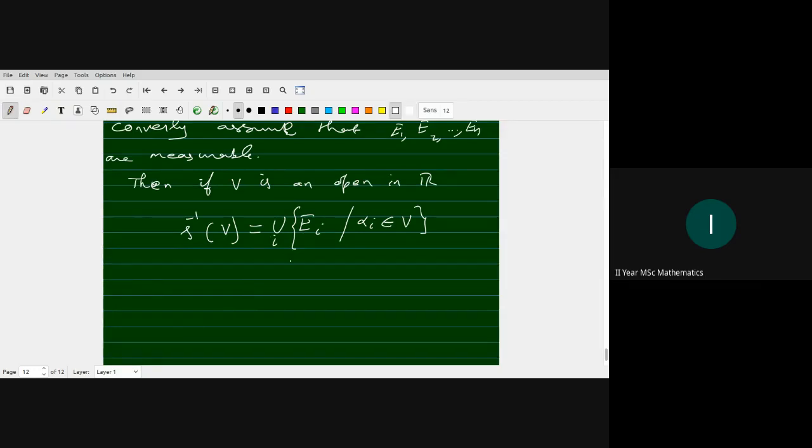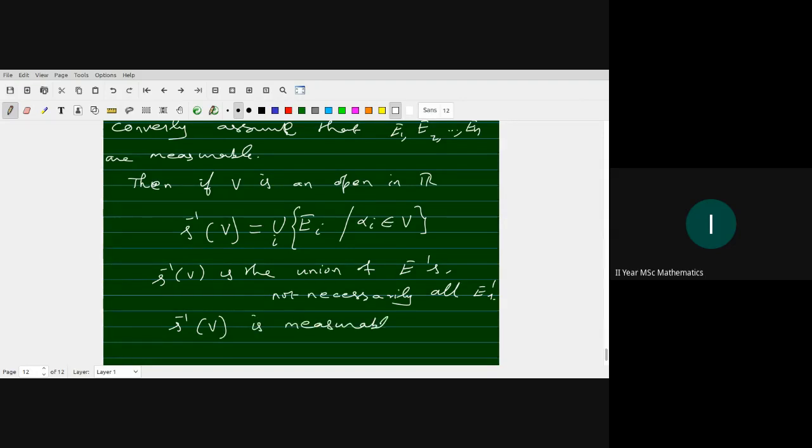There are only finitely many E_i, so S inverse of V is a union of finitely many E_i, not necessarily all E_i, only some of them, those with alpha_i belonging to V. Each E_i is measurable, and a union of measurable sets is measurable, so S inverse of V is a measurable set.